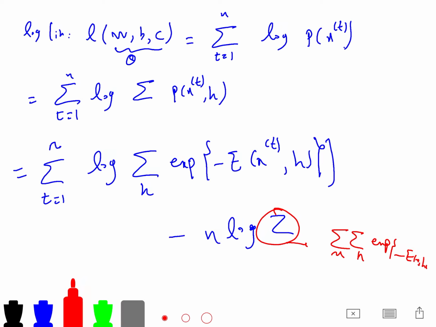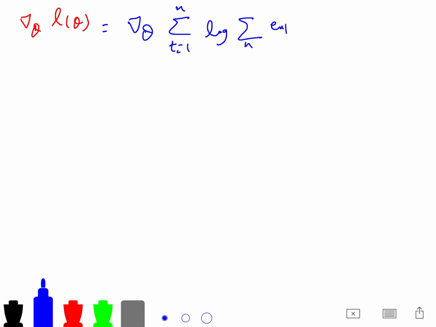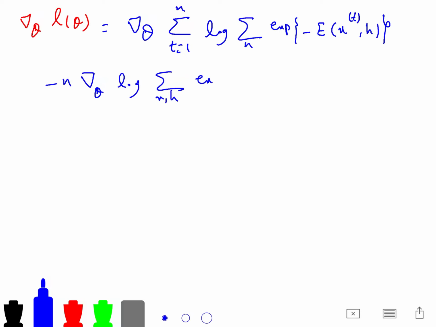If you take the derivative with respect to theta of L of theta, we can calculate it using simple mathematics: the gradient of log of e to the minus energy of x_t and h, minus n times the gradient of log of the sum of e to the minus energy of x and h.